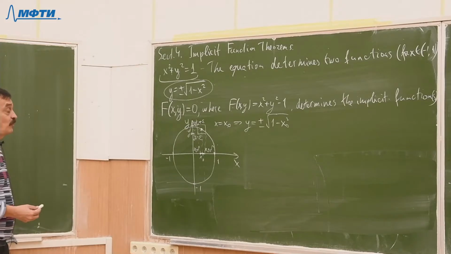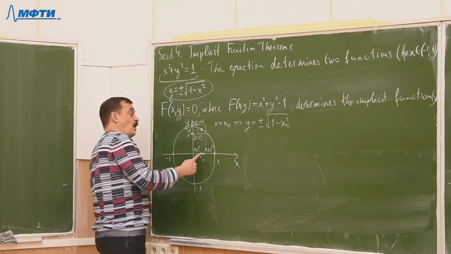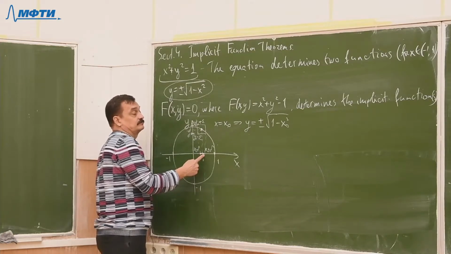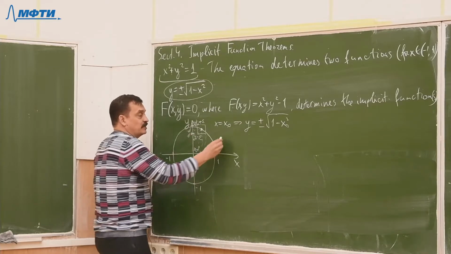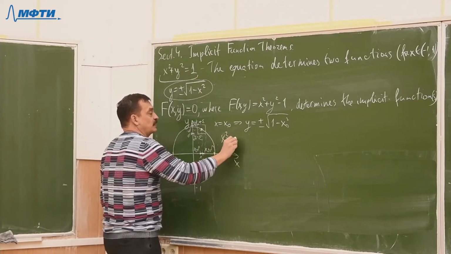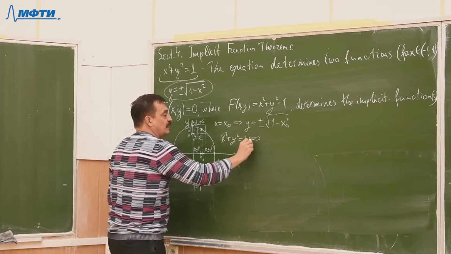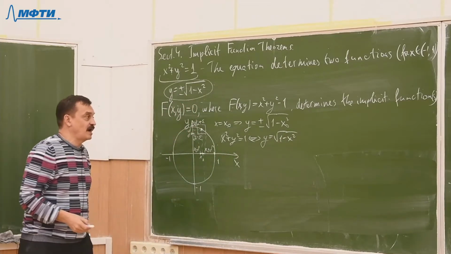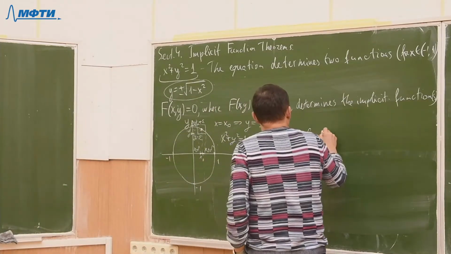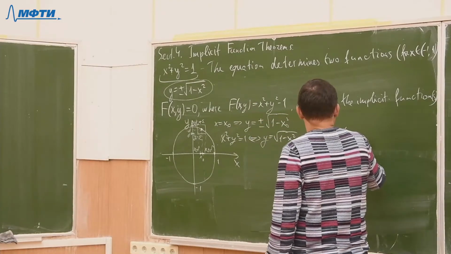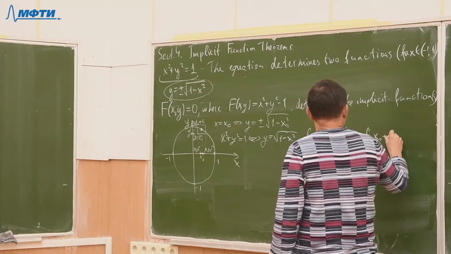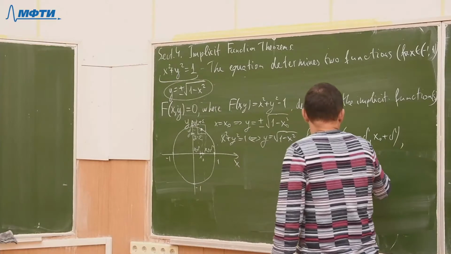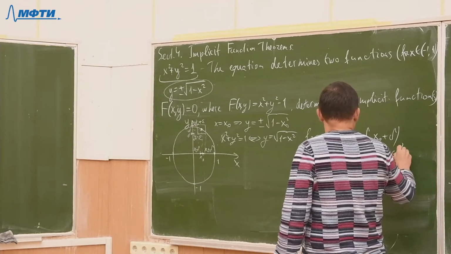And what is the property of this rectangle? Once x is in our interval near x0, the equations x squared plus y squared equals 1 and y equals square root of 1 minus x squared are equivalent for x in that interval and y in (y0 minus epsilon, y0 plus epsilon).